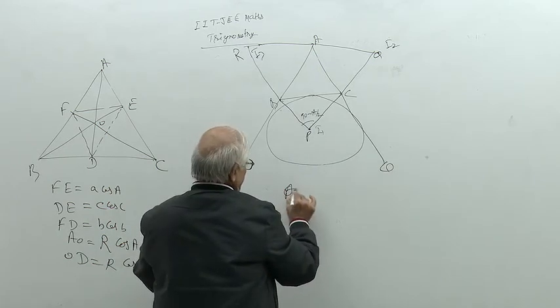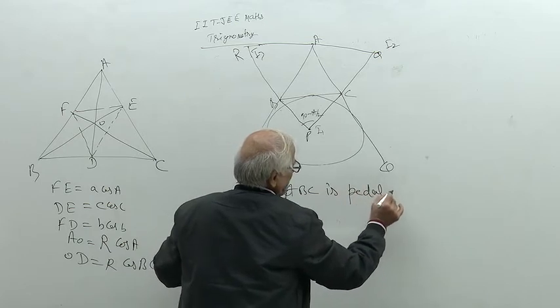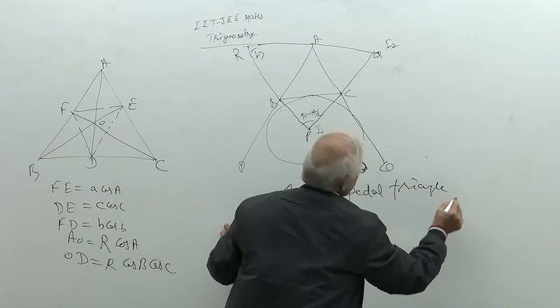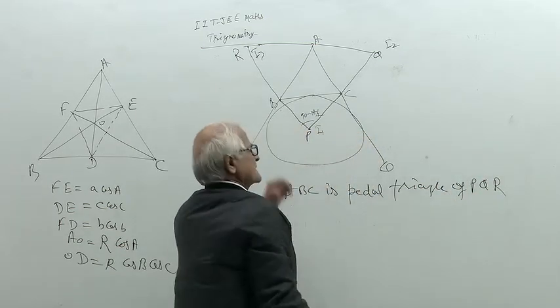ABC is a pedal triangle, again the pedal triangle of PQR.